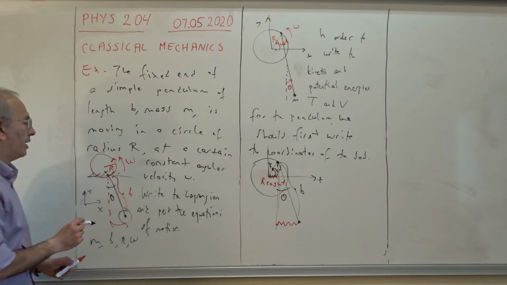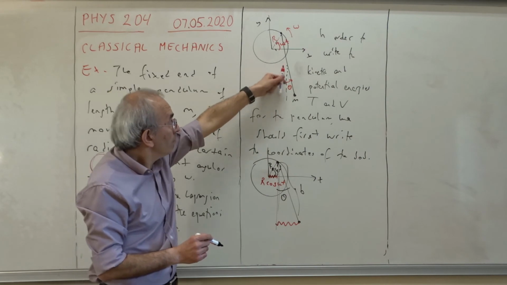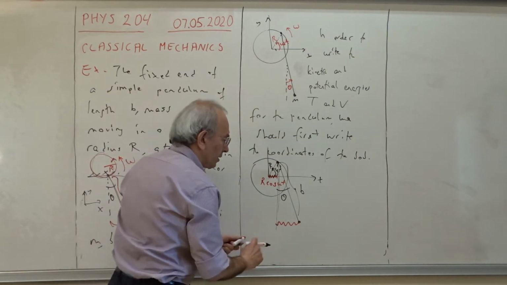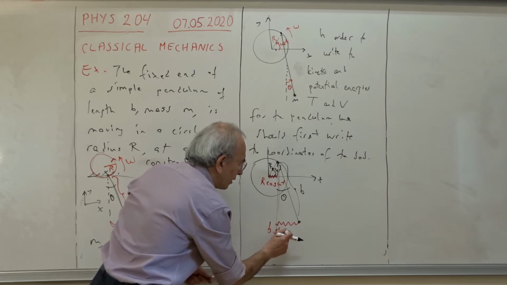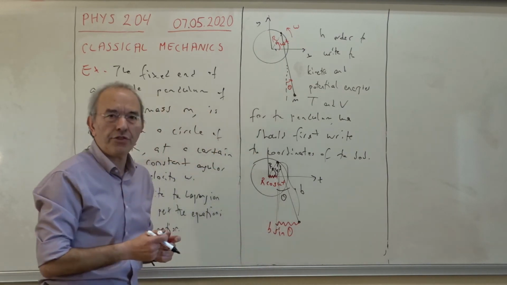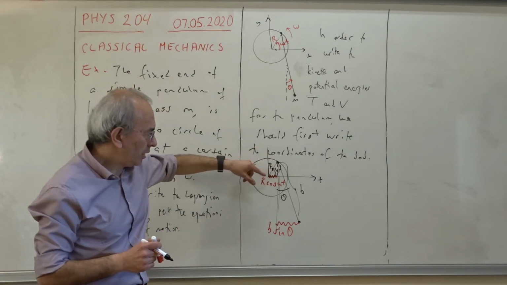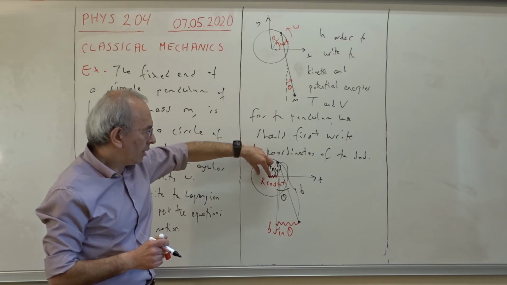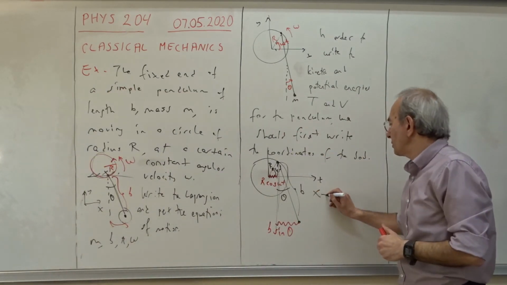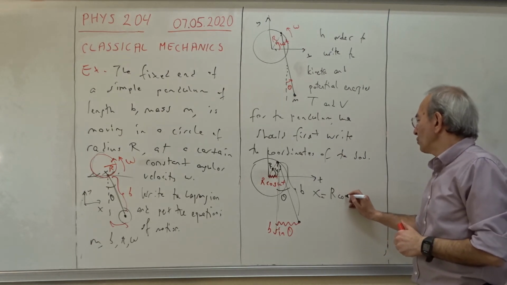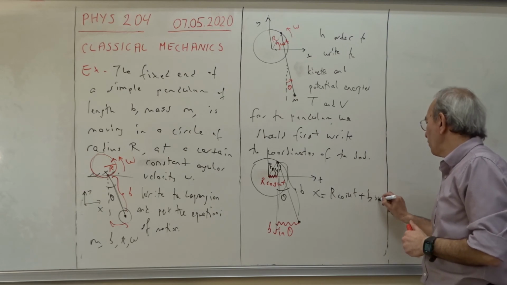So b times cos theta. Sorry, b times sine theta. So x is the sum of these two zigzags. So x can be written here. X component is r times cosine omega t plus b times sine theta.